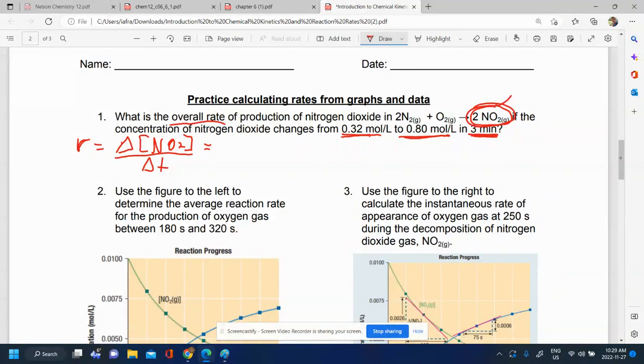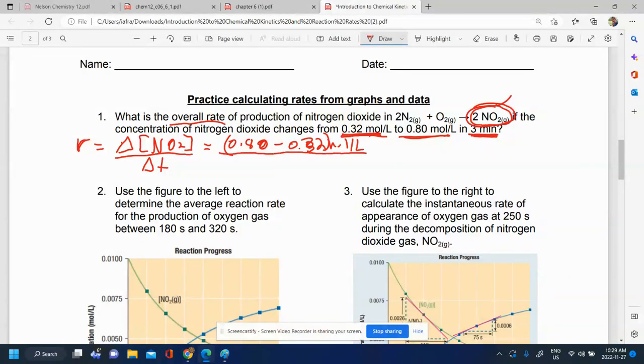So we have our Y2 essentially, our final concentration, 0.80 moles per liter, minus the Y1, which is 0.32 moles per liter. I'm going to put moles per liter outside there because that's our final unit for the numerator.